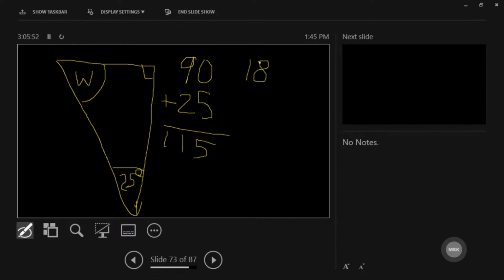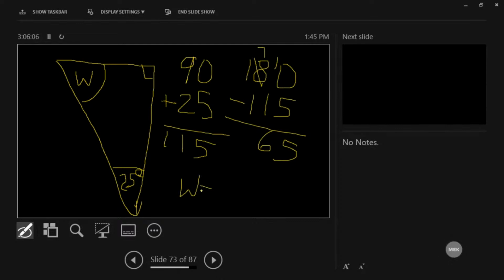Since all three angles must add up to 180, we're going to take that away. So we're left with 5 and 6. So angle W is 65 degrees.